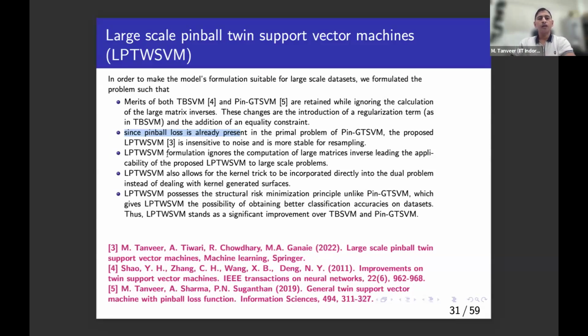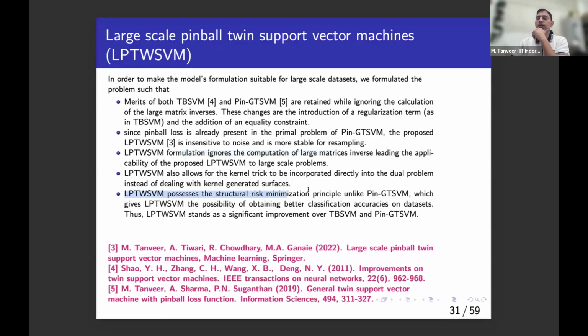Now, the third is LPTWSVM. This formulation ignores the computation of large matrix inverses, and it helps us to develop the algorithm for larger scale data. Another very important property of this algorithm is that we incorporate the kernel trick directly into the dual problem.